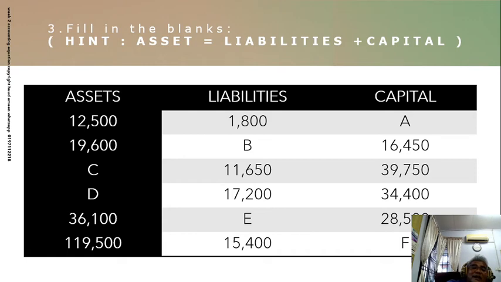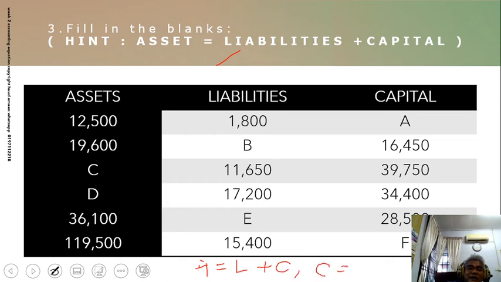So the formula is asset equal to liabilities plus capital. Then how to get capital? Capital is equal to asset minus liability. How to get capital? Asset minus liability.